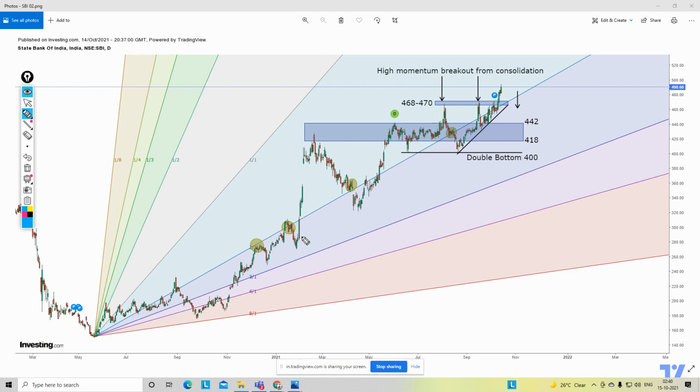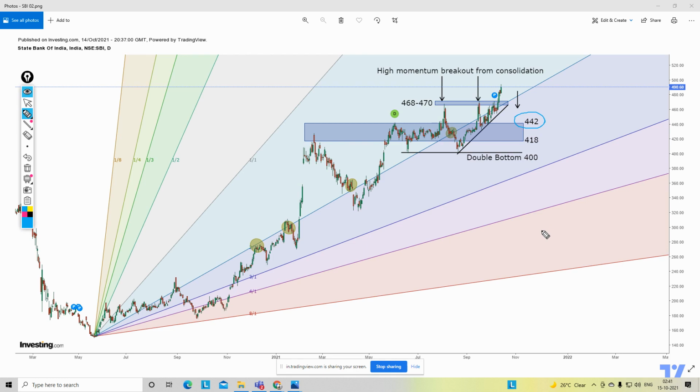But an interesting thing which we have to understand right now here is, if the market corrects or SBI corrects at 490, presuming that it is a bearish rising wedge pattern and it will break down. From 490 to 442 is almost like 9% correction, correct, at this particular zone.